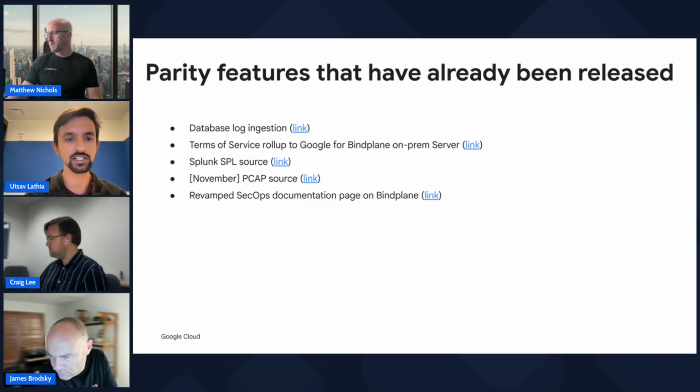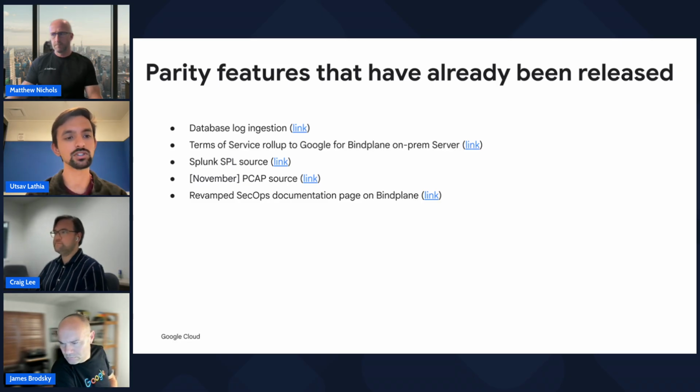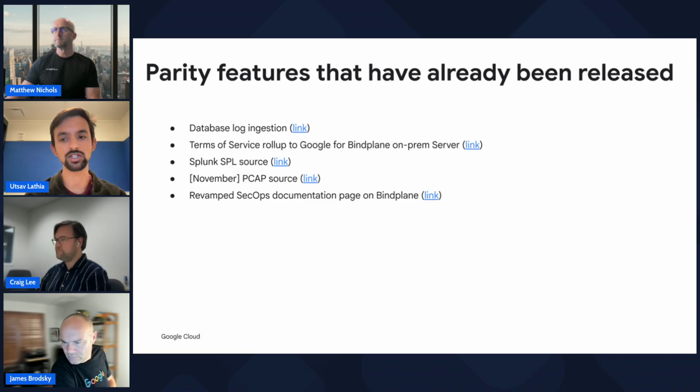James talked about the SPL source. We have a PCAP source coming out very soon, and our documentation page is now completely revamped with some good best practices, some use cases, some really good getting started guides on the Google side, and there's some good linkage out to the Bindplane documentation as well.